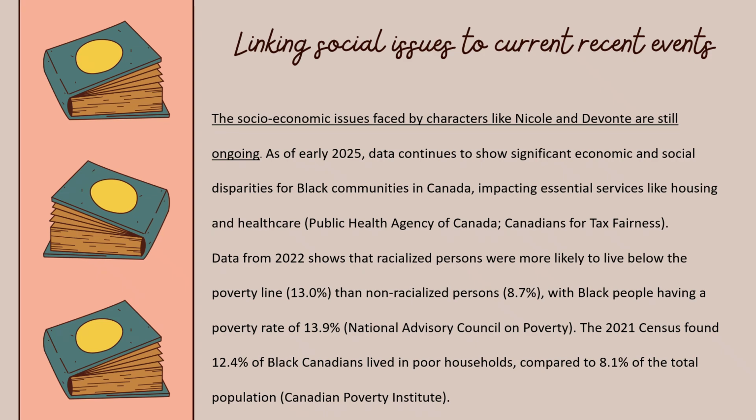Data from 2022 shows that racialized persons were more likely to live below the poverty line than non-racialized people, with Black people having a poverty rate of 13.9%. The 2021 census found that 12.4% of Black Canadians lived in poor households compared to 8.1% of the total population of Canada.